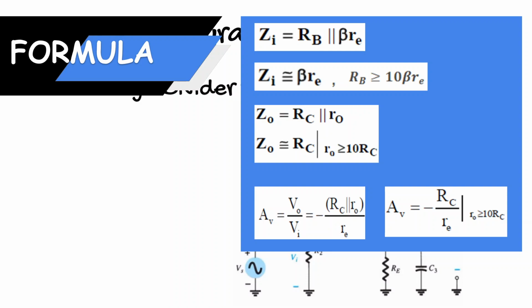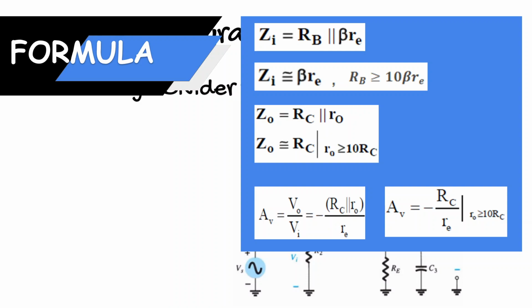We use Zout equal to RC if the circuit meets the condition ro greater than or equal to 10 times RC. Then the voltage gain Av equals minus RC parallel ro divided by re. If the circuit meets the condition ro greater than or equal to 10 times RC, we use voltage gain equal to minus RC divided by re.